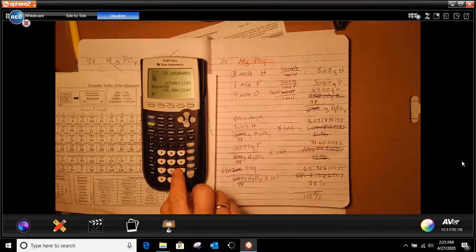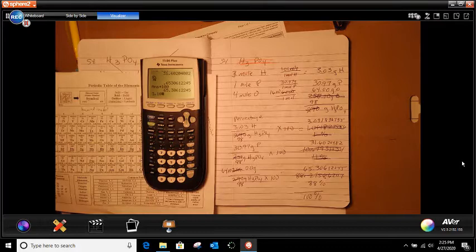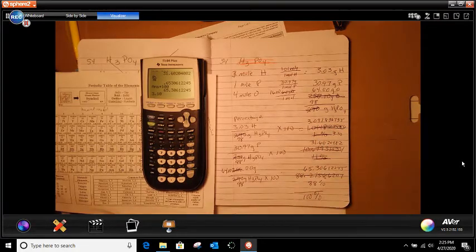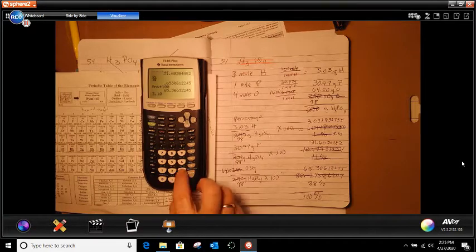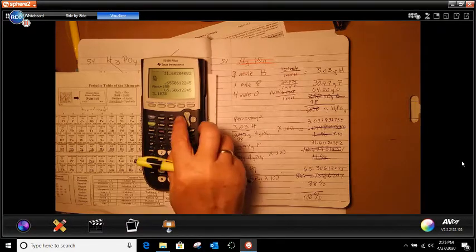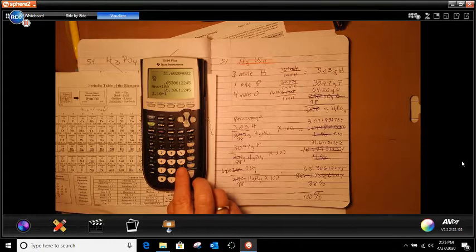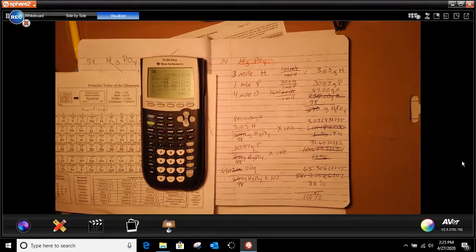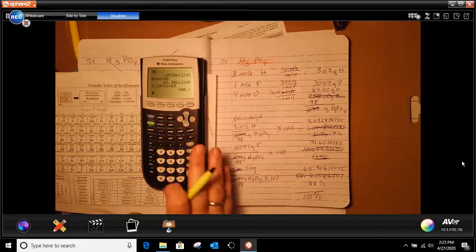So let's see what we got. Let's do 3.10 for this one. Let's do 31, plus 32, plus 65 and see what we get. 101. Perfect. So then we're good with that.